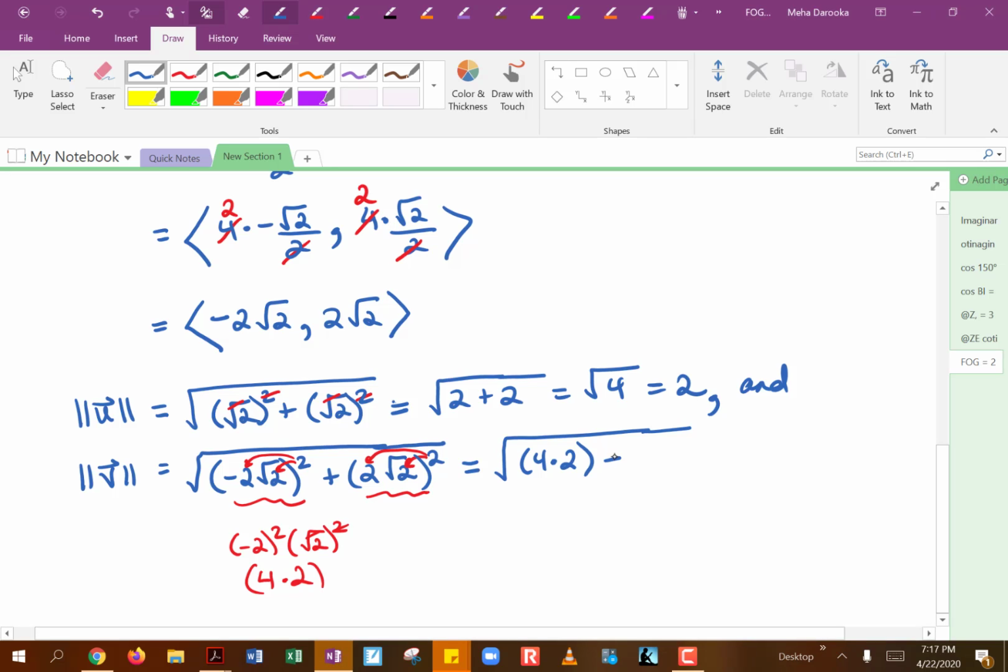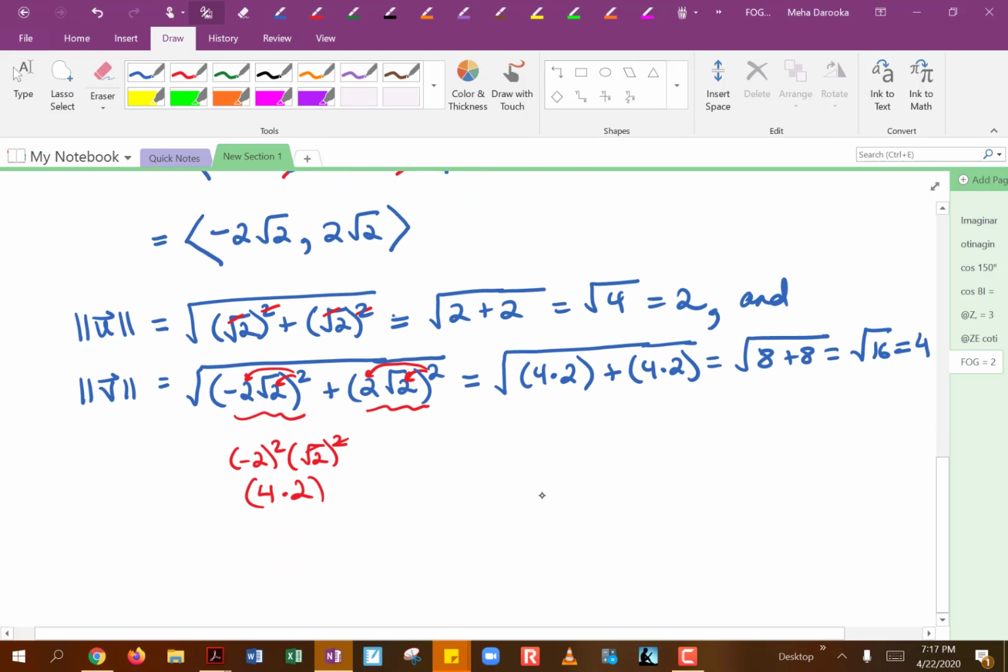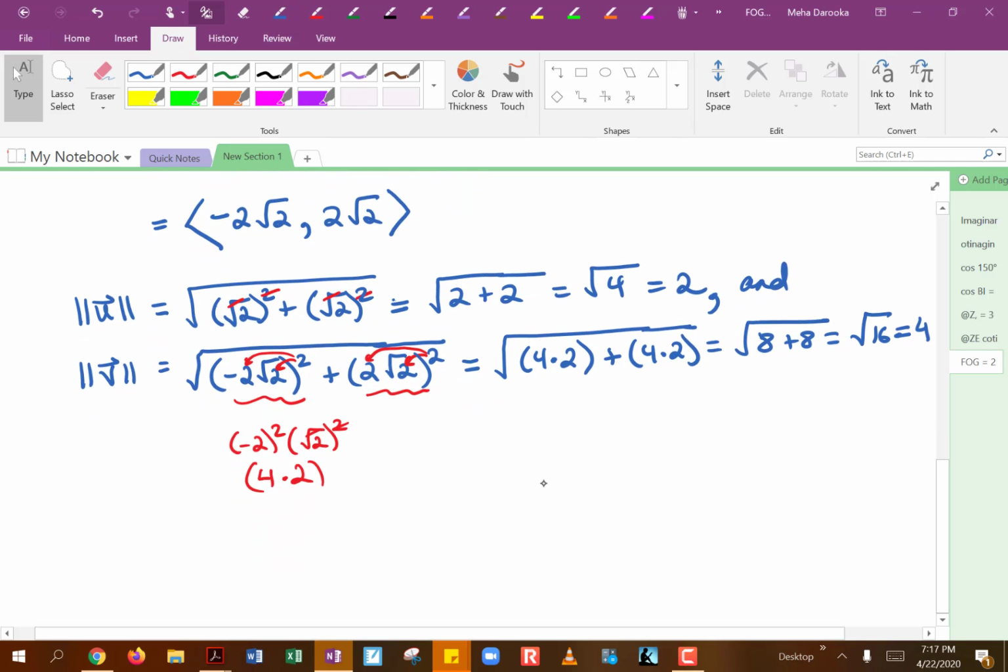So this becomes plus 4 times 2. We are looking at 4 times 2, which is 8, plus 8. 8 plus 8 gives us 16, and the square root of 16 gives us 4. So we've got the magnitude for each of the vectors.